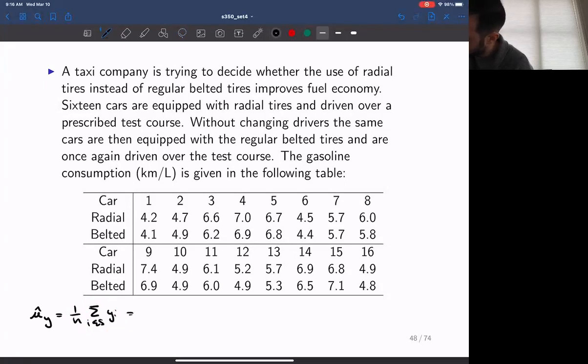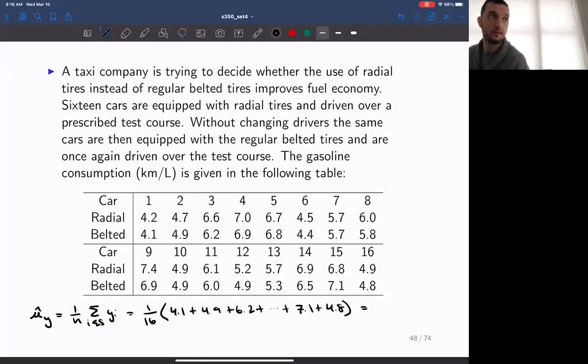So that's going to be, in this case, 1 over 16 multiplied by 4.1 plus 4.9 plus 6.2 all the way up to the last, across all 16 measurements for the belted tires.